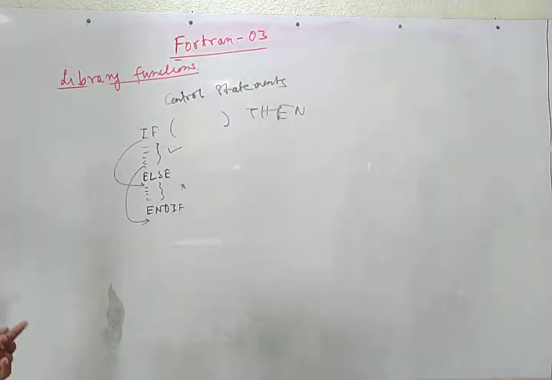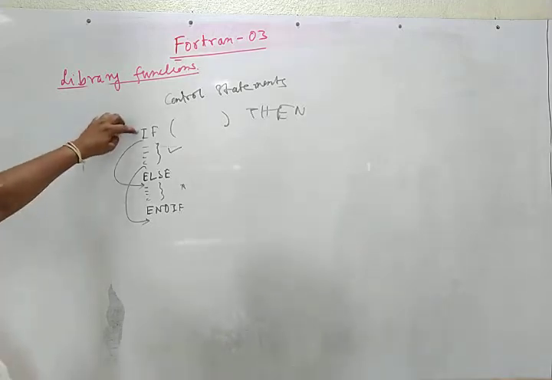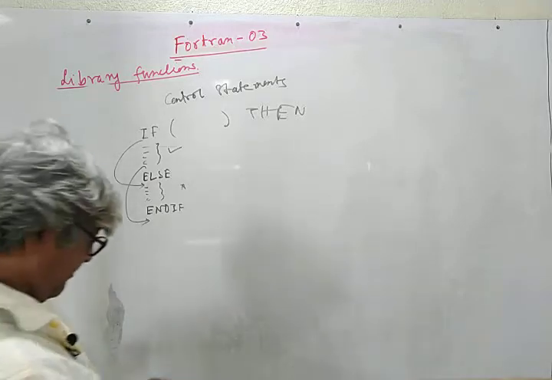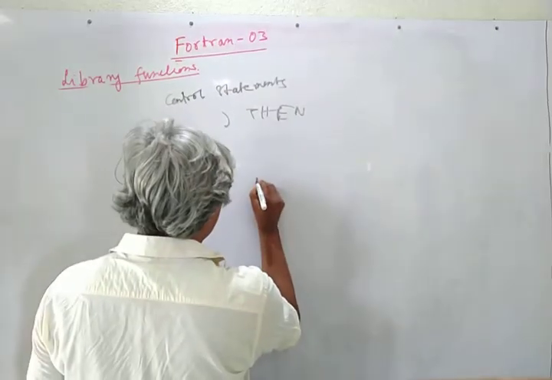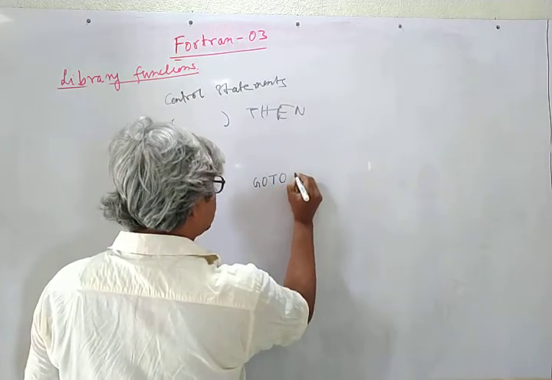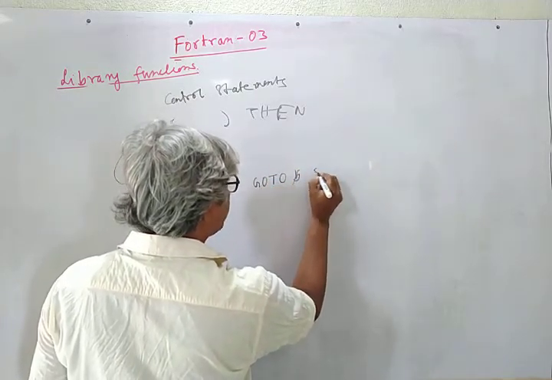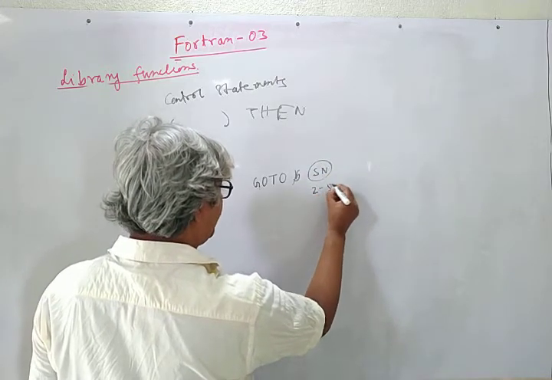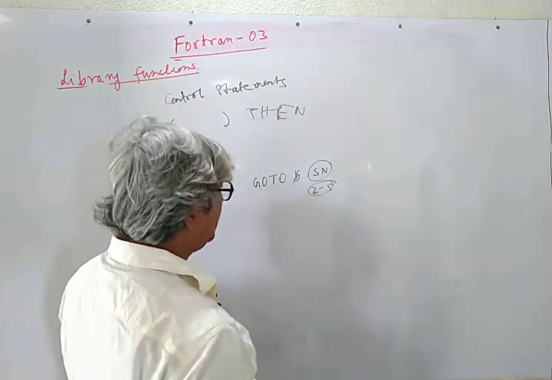In the natural way, the program proceeds from one line to the next and then the next. Here the controlling is done. Another type of controlling we have introduced is the go-to statement. Anywhere as we desire or as is required, we may say go to statement number, and it will find this statement number between columns 2 to 5.